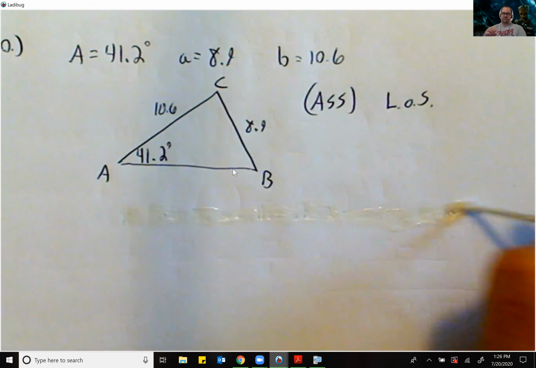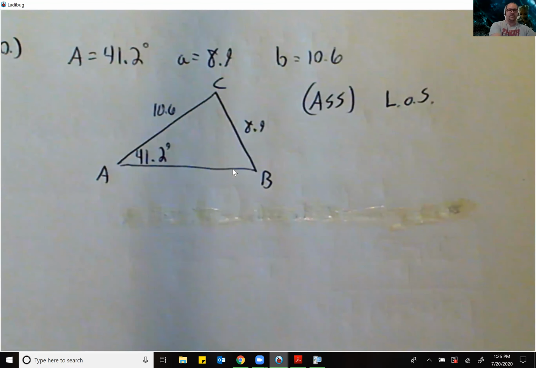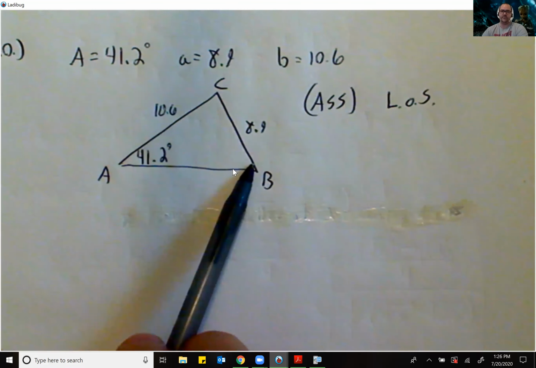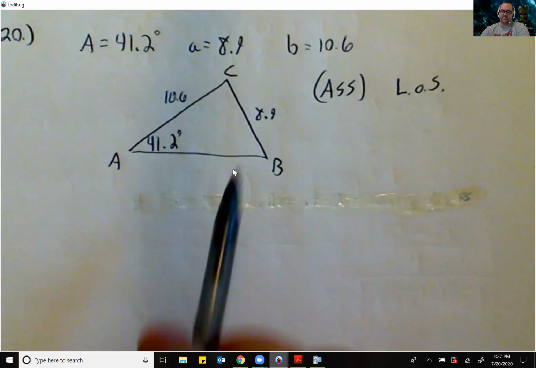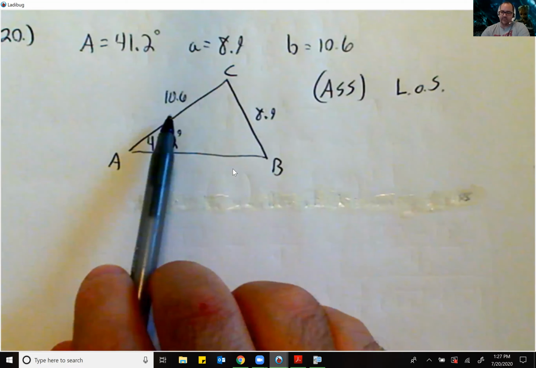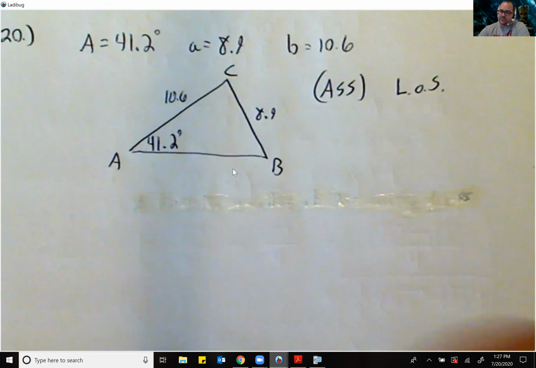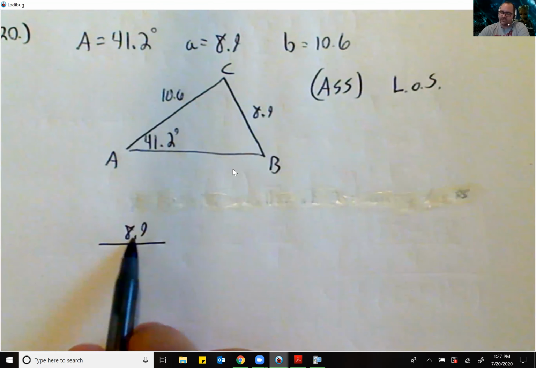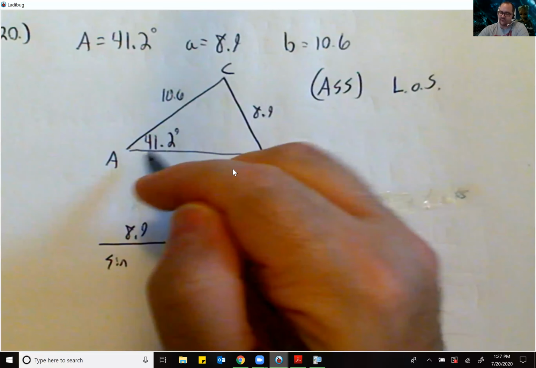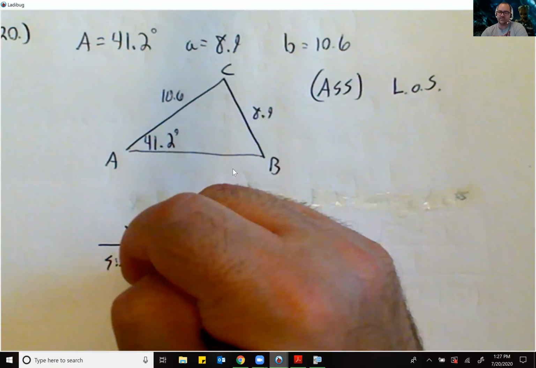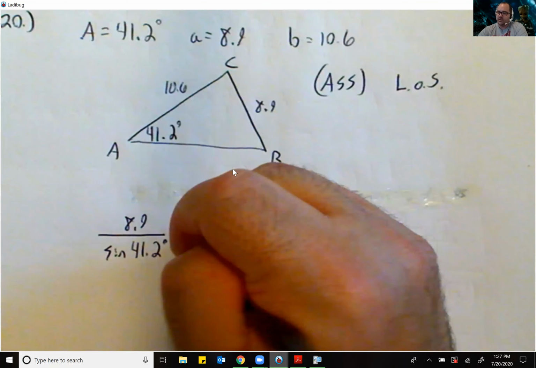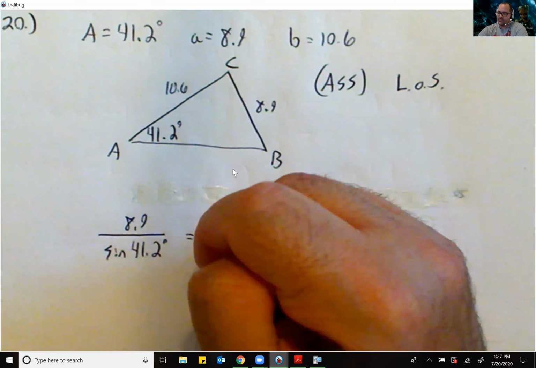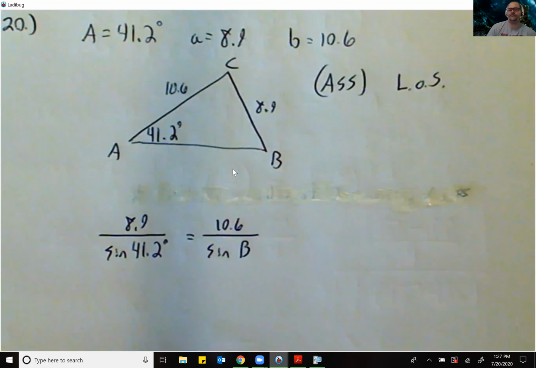All right, so we won't worry about that. Got rid of that little line. So I'm just going to go with B, since I already know the most about B. So I wouldn't find C first. I'm going to deal with B because I know little b. And that makes a little bit more sense now. So we're going to have 8.9, which is the side of A, over sine of A, which is 41.2 degrees, equal to 10.6, the side of B, over sine of B. All right.